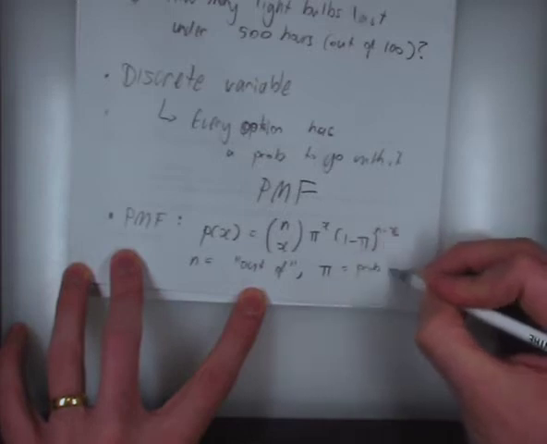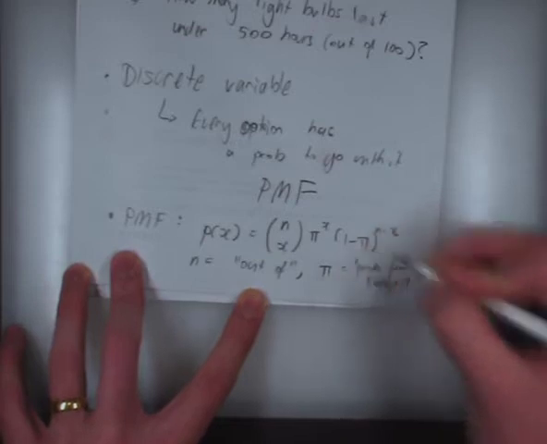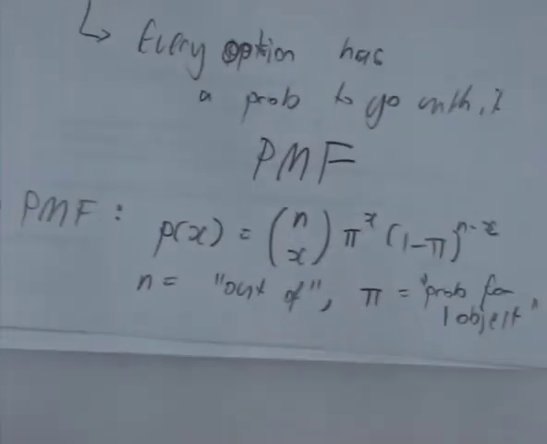Probability for one object. So n is how much it's out of, and pi is the probability for a single object.